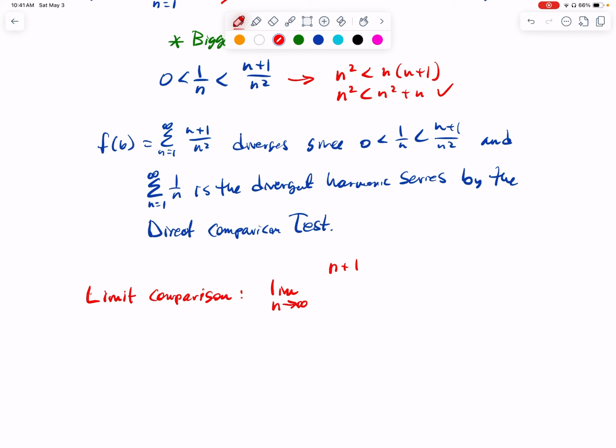So n plus 1 over n squared over 1 over n, and then multiplied by the reciprocal here. This is limit n goes to infinity. This n that's on the bottom is going to come up to the top, making that n squared plus n over n squared, which is equal to 1.